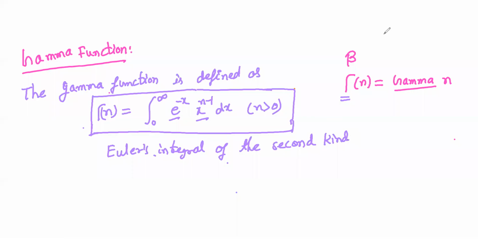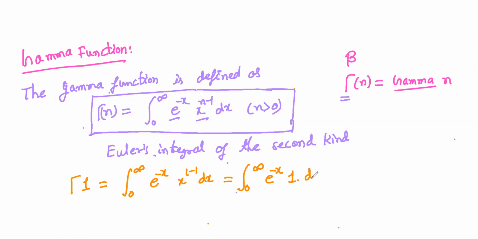First we will find the value of gamma 1. So gamma 1 will be the integral from 0 to infinity of e raised to minus x, x raised to 1 minus 1 dx. So it is e raised to minus x, x raised to 0 means 1, and then dx. Integration of e raised to minus x is e raised to minus x upon minus 1, from 0 to infinity.